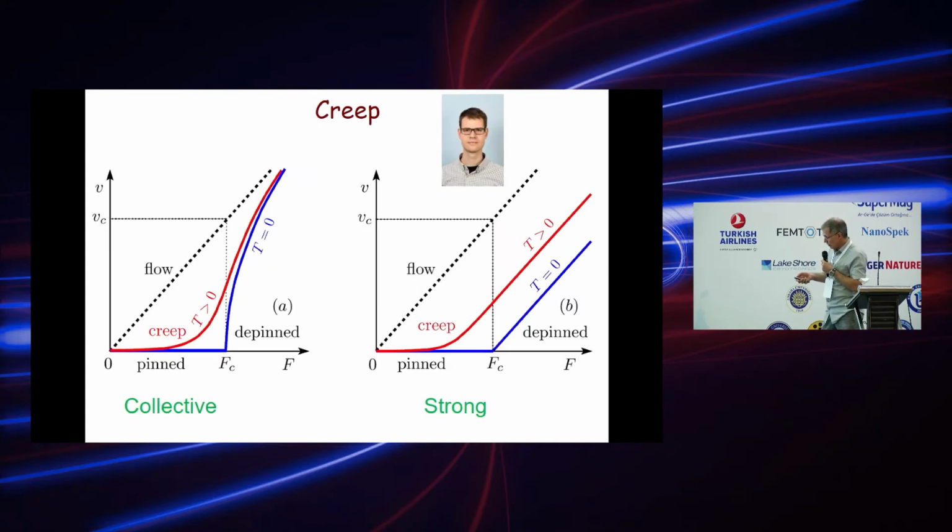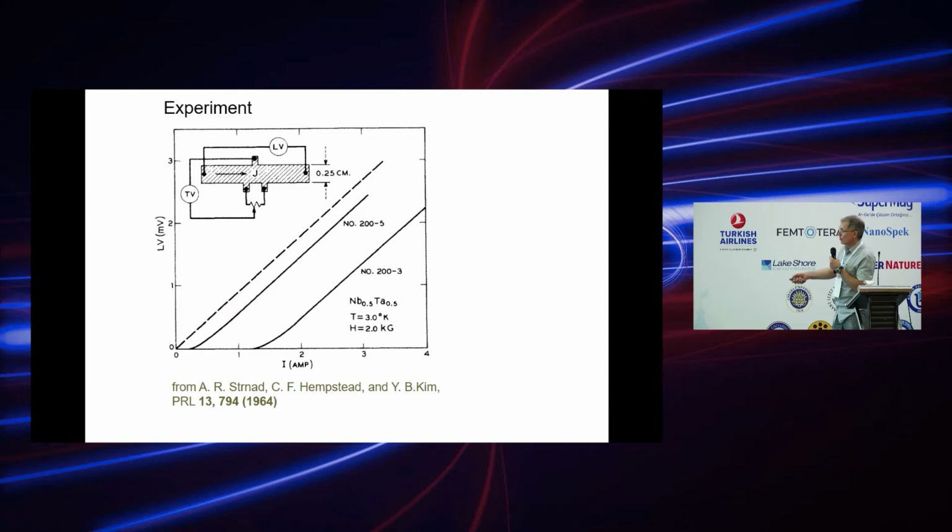So now if you look at the effect of creep, then in the standard collective pinning there is not much life above critical current and not much effect of creep. If we have strong pinning, as I said, pinning exists way above critical current, and so creep also will modify it and shift, will reduce pinning force, and we will have shifted curves which actually remind pretty much the curvature here.